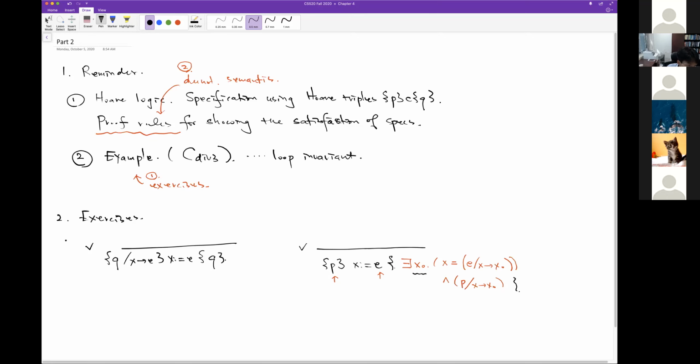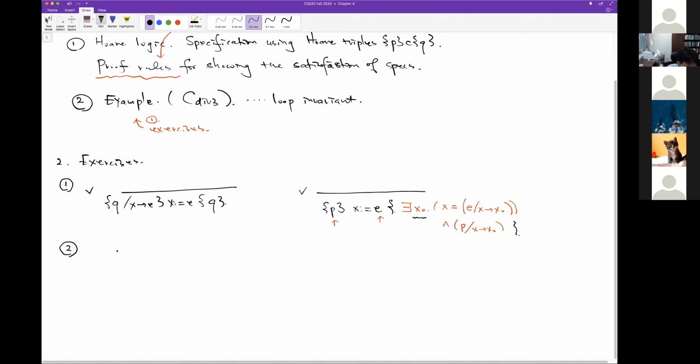The solution for the second exercise was to prove the correctness of the Euclid algorithm. So the Euclid algorithm looks like this. I write the quadruple specification. The specification says we have inputs A and B. A is greater than or equal to 1, B is greater than or equal to 1.